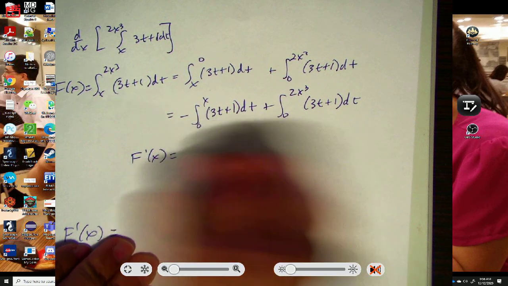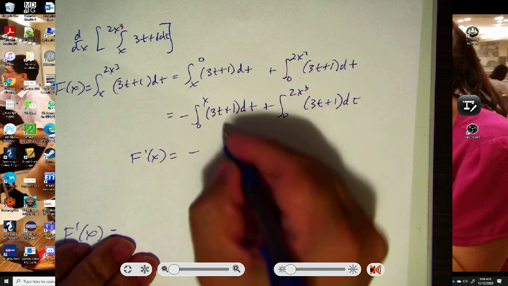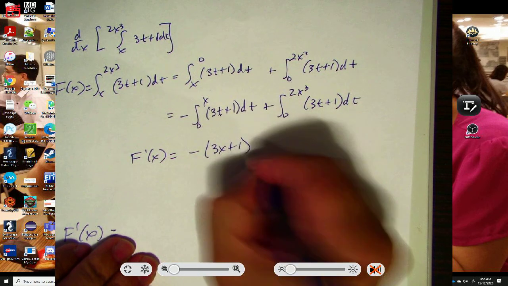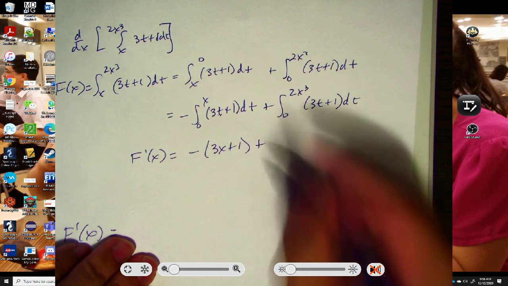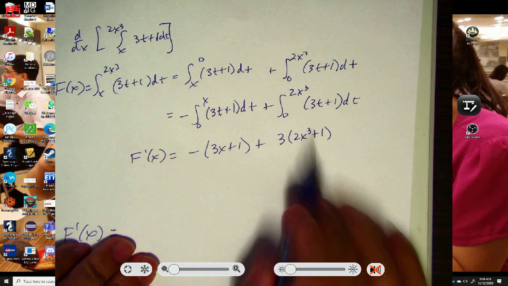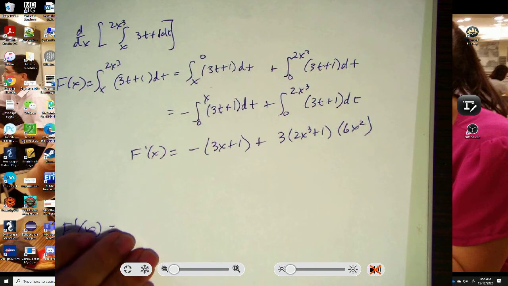Now we're going to differentiate. So take the derivative of that. That means that negative is there. And I'm going to replace the t with x. So that's 3x plus 1. And then here, we're going to replace this t with 2x cubed, times the derivative of 2x cubed, which is 6x squared. So that's the derivative of f.